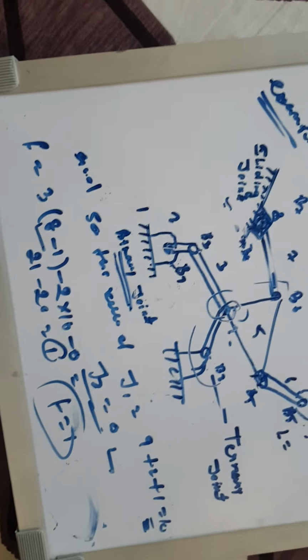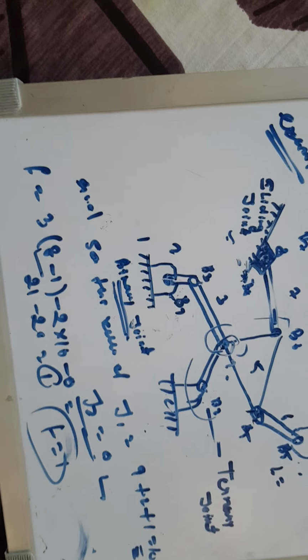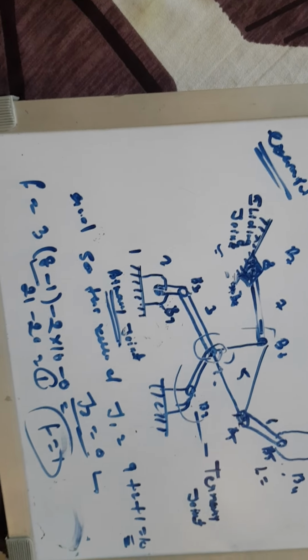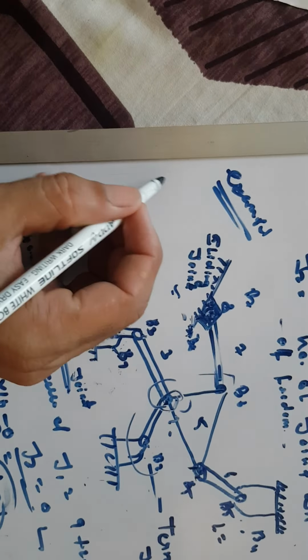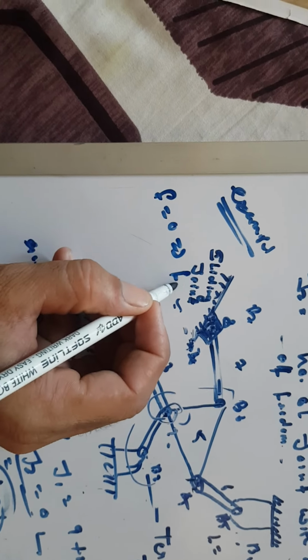Now I am talking about one more very interesting thing. If the degree of freedom F is equal to 0, this is for a perfect frame.